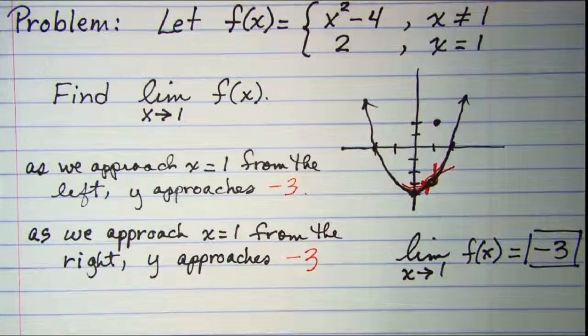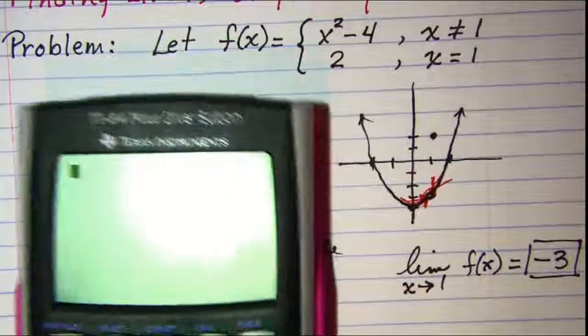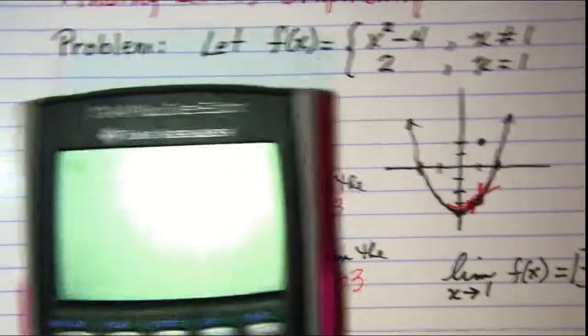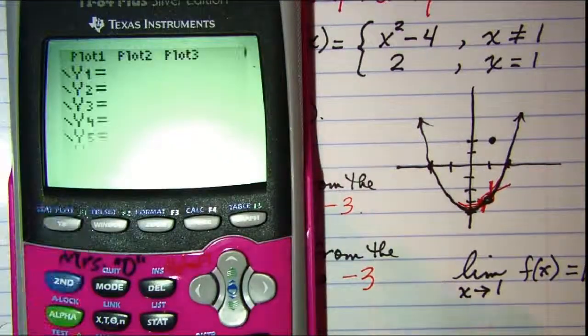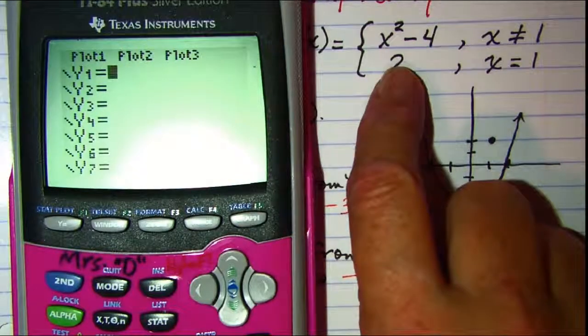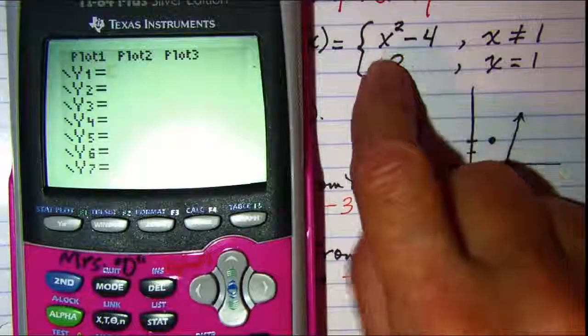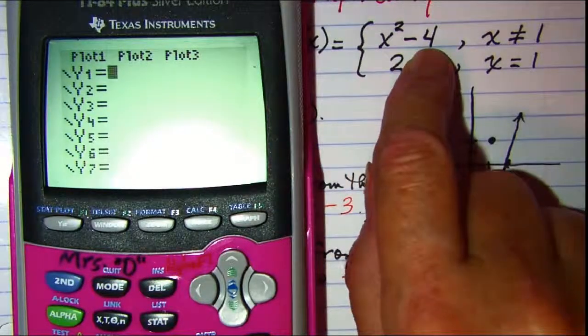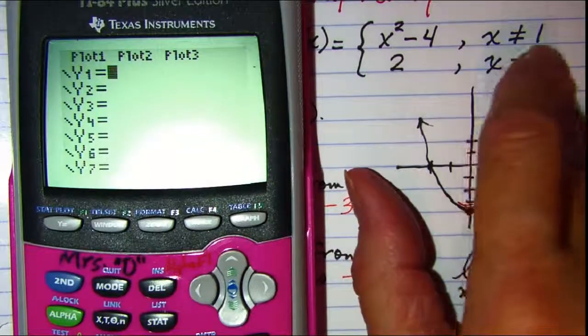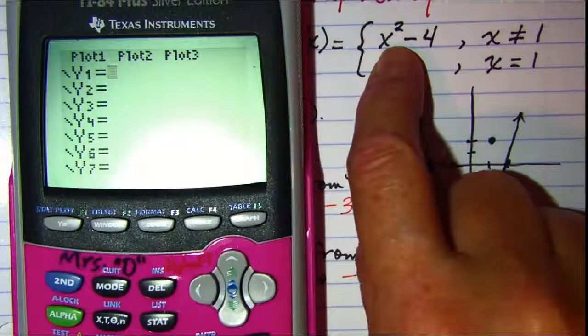Now if you wanted to look at this on the graphing calculator, we need to be able to graph a piecewise defined function. And the way you do that is we're first going to take this expression and multiply it by this expression. And we need to put parentheses around it.